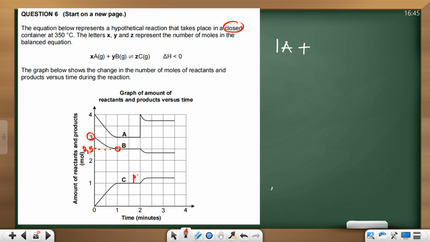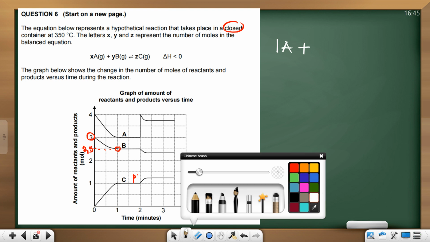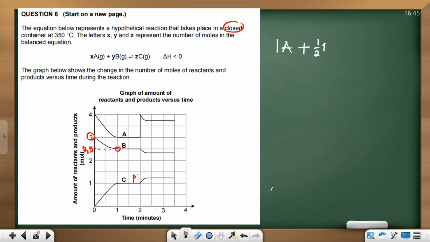From 3 to 2,5, we have used 0,5, which is half a mole of B. And look at C. C starts from 0 and ends at 1, which means we have produced 1 mole of C. In chemistry, we don't balance with halves. So what we do is we multiply across by 2. 2 moles of A will react with 1 mole of B to produce 2 moles of C.